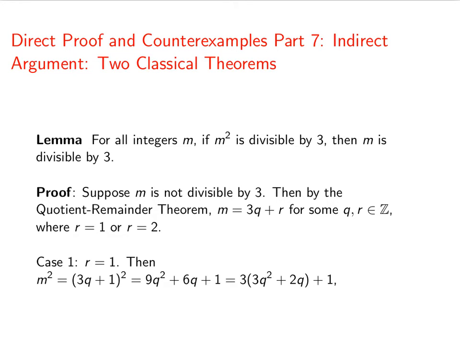All right, so the first case, when r is equal to 1. Then we just do a little bit of algebra involving m squared. So we can say that m squared is equal to (3q plus 1) squared. And then we multiply all that out. And it's not too hard to see that we can factor out a 3, and we have a remainder. So m squared is written as 3 times some integer plus 1, and so that tells us that m squared is not divisible by 3.